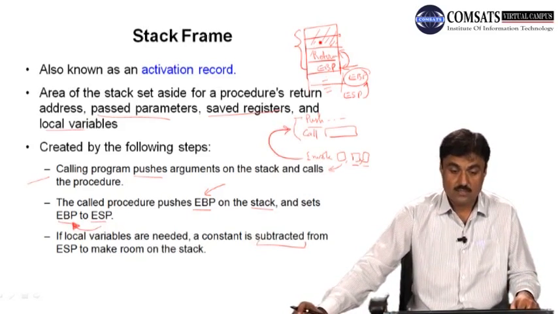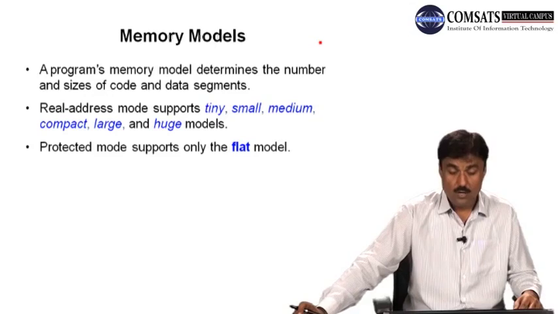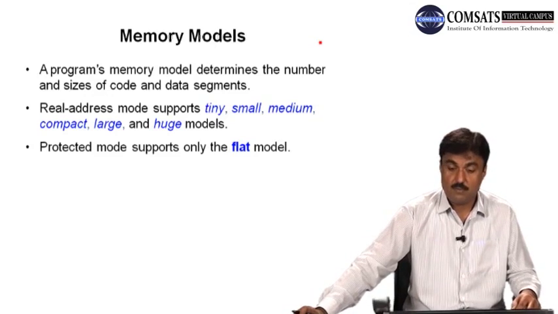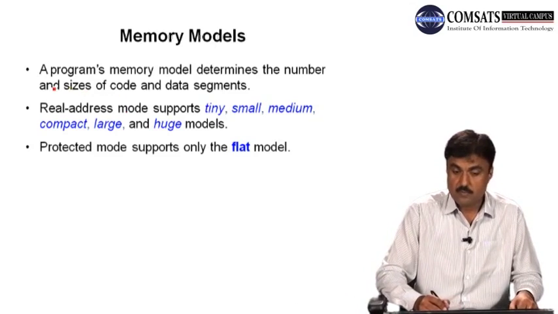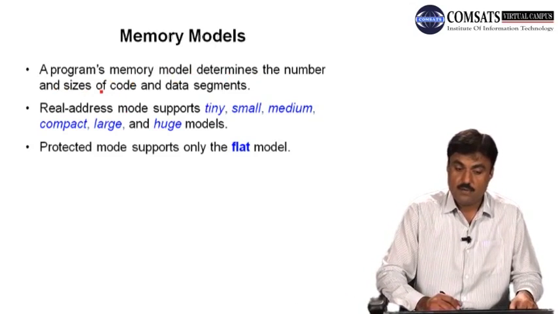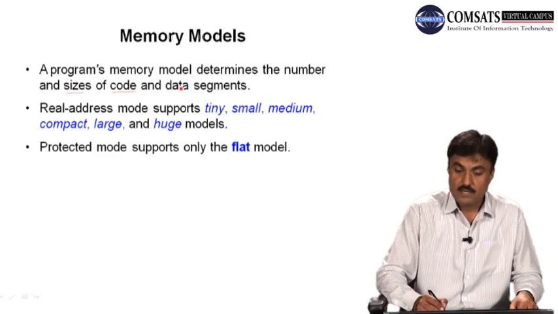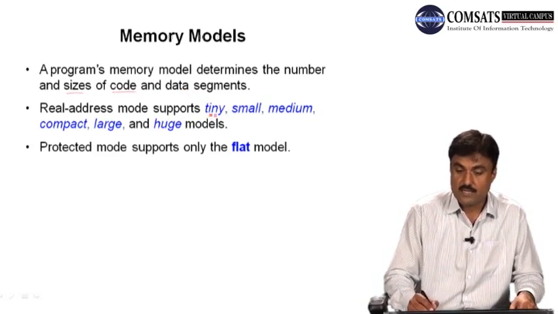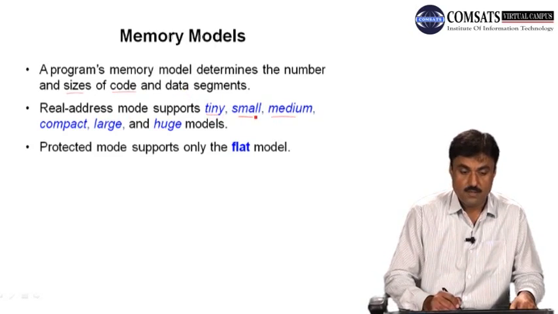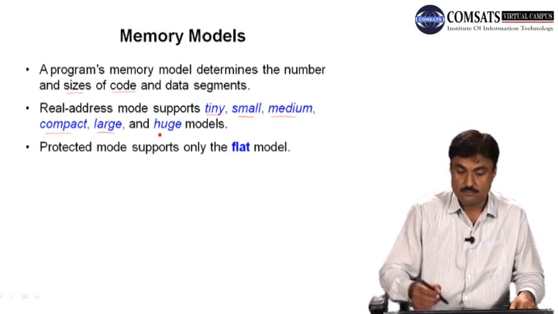Before going to the example, we have some memory model. We have already seen this memory model. A program's memory model determines the number and size of the code and data segments. Real addressing mode supports tiny, small, medium, compact, large, and huge.